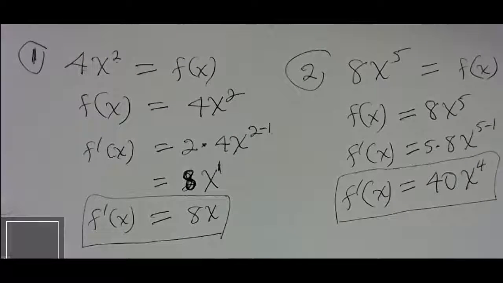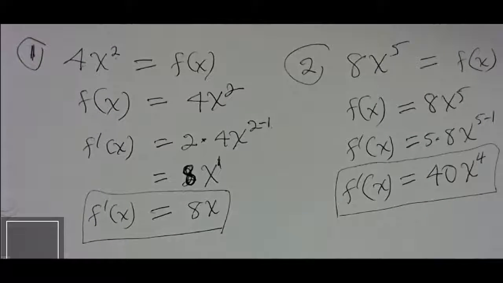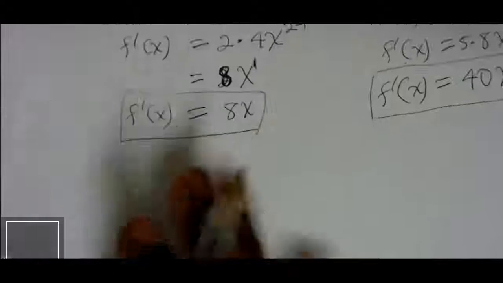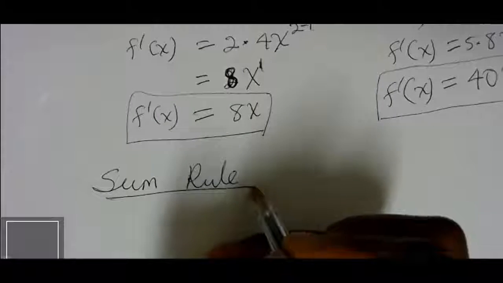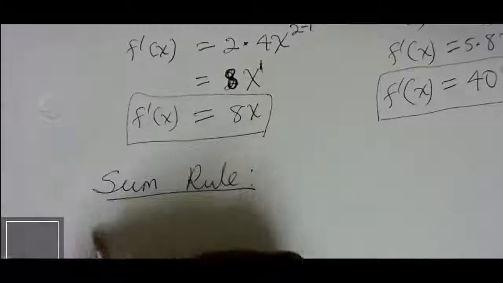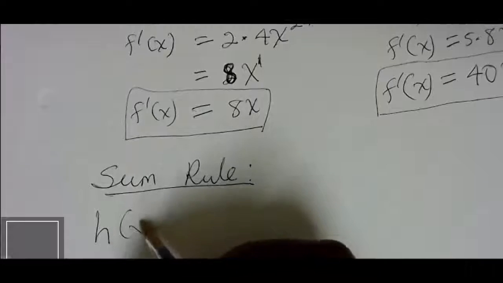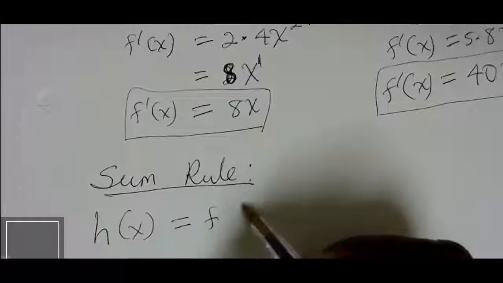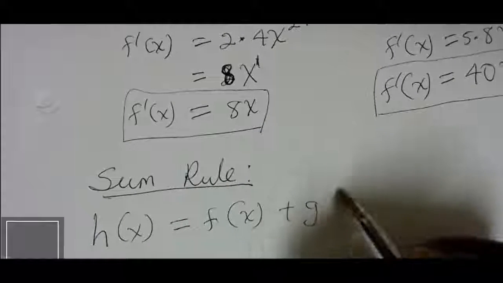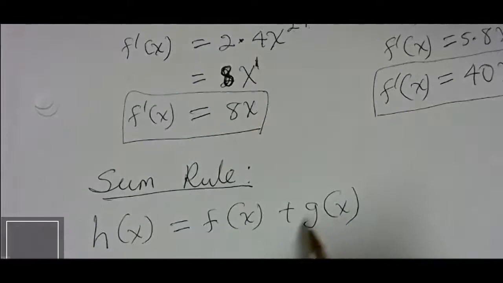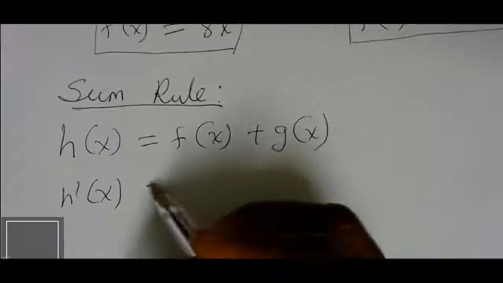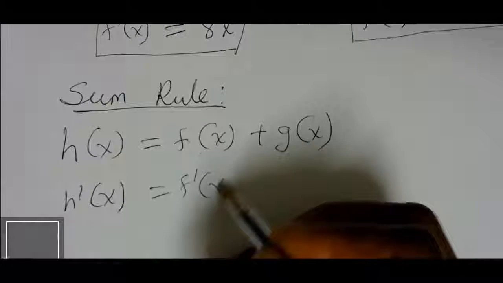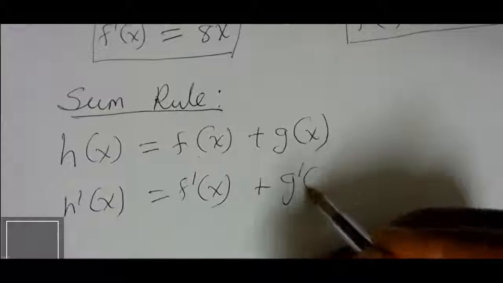Okay, and we have a sum rule. When we have a sum, when we have more than one term, for example if h of x is equal to f of x plus g of x, then h prime of x is going to be f prime of x plus g prime of x.